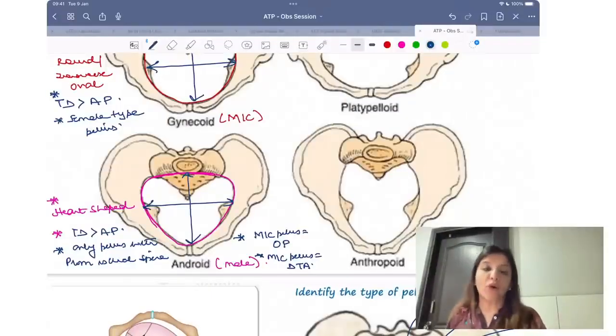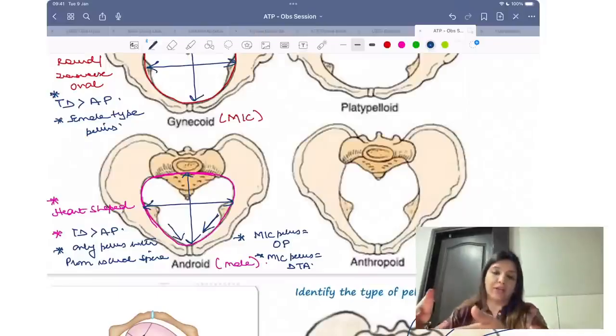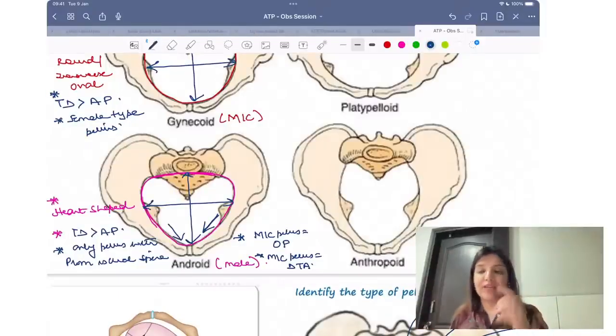Right? These are the points which you have to remember about android pelvis. If you look at the walls, it's not suitable for delivery. Definitely it's not. The side walls of the pelvis are converging. That is this type of pelvis which is android pelvis.